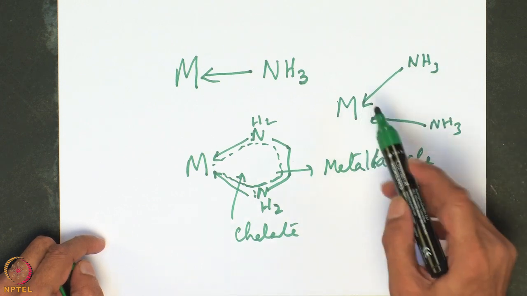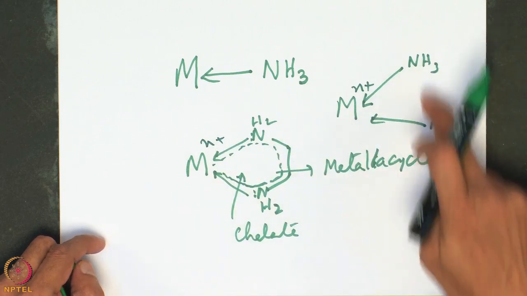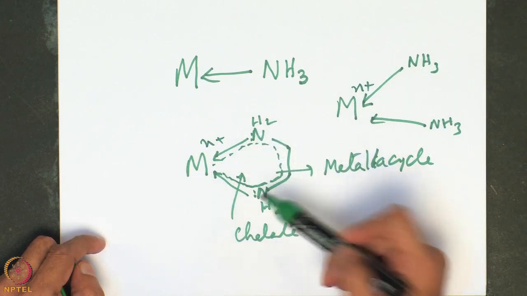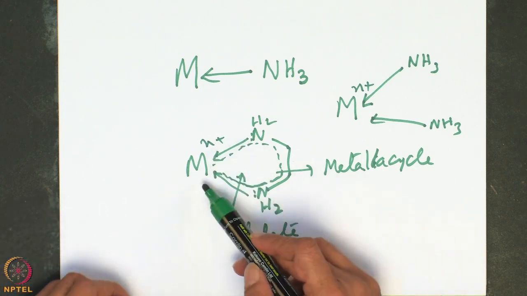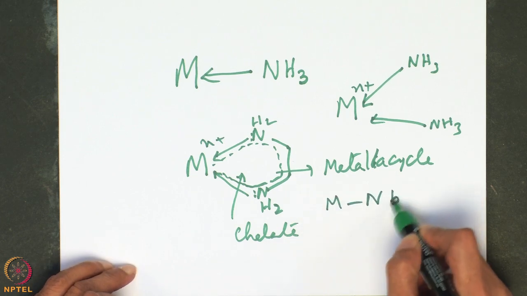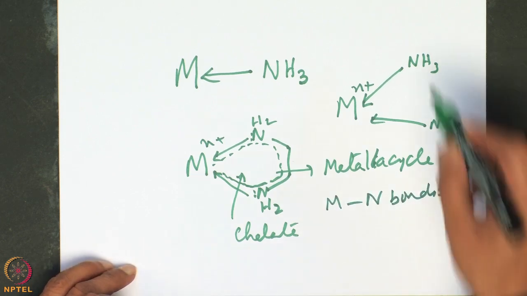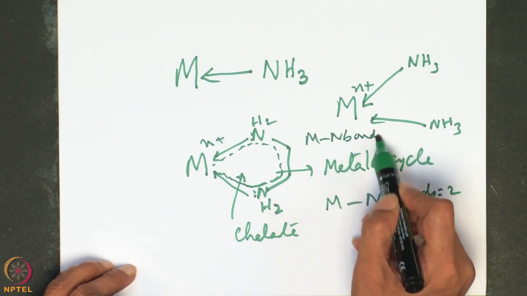Say the same metal ion, let us say the same M n plus, is bonded to two ammonias here and two amine moieties over here. The number of M-N bonds here is 2, and here also the M-N bonds are 2.